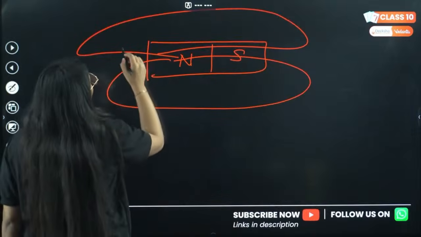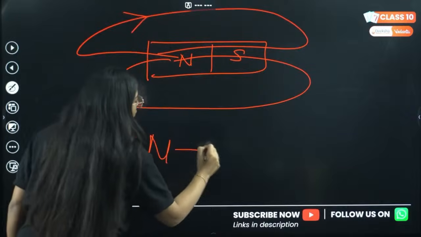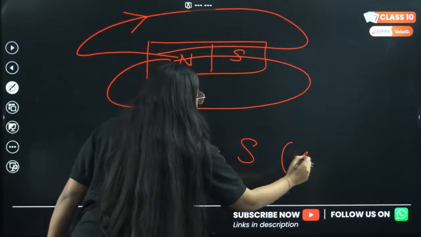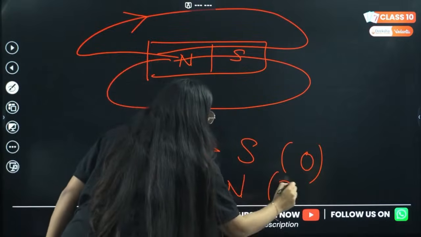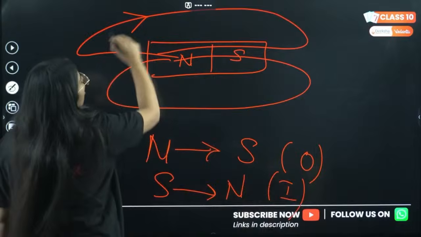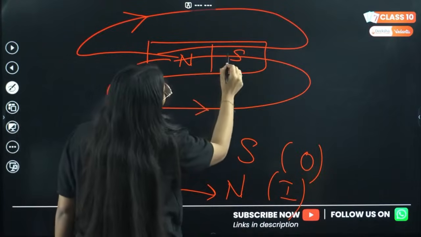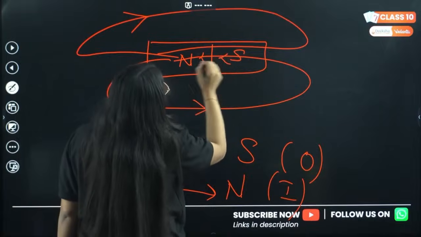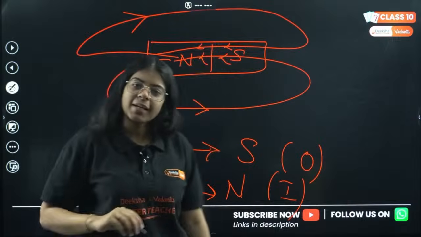Outside the magnet they go from north to south, and inside the magnet they go from south to north. Correct? We made the diagram again.